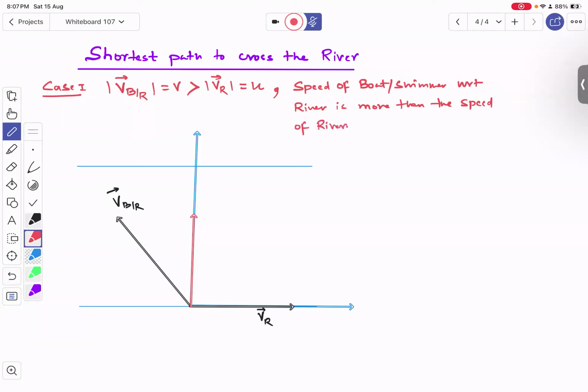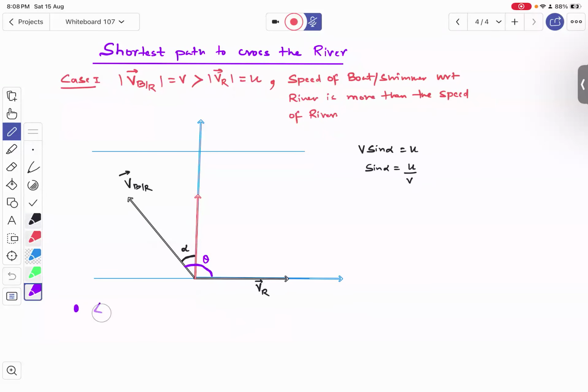It is that case. So in that case, we gave this angle the name alpha. In this case, V sine alpha must be equal to U. So sine alpha is going to be equal to U by V. But the angle between VBR and VR is this angle, and that is the angle I want to know.